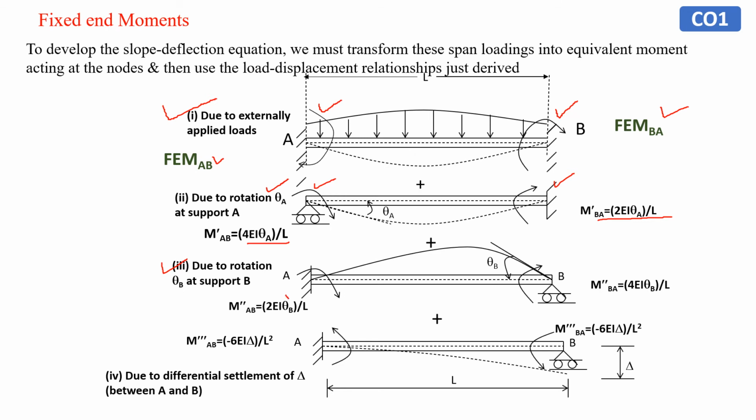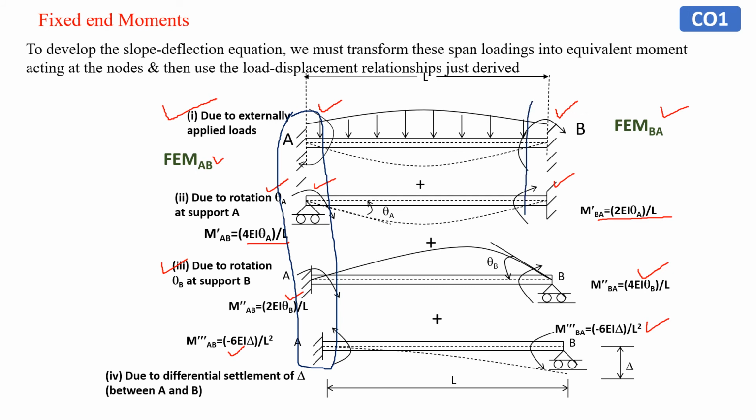That is 2EI by L theta B at A plus 4EI by L theta B at B. And we already studied that because of displacement, the moment is minus 6EI delta by L square at both ends. Now if I have to compare all the moments, the final moment at A is the sum of all the moments acting over this.